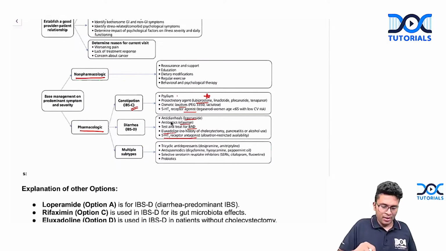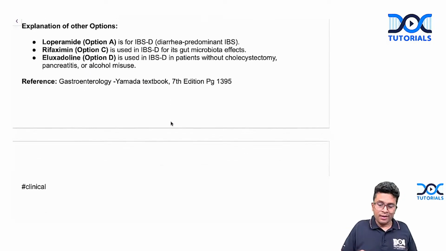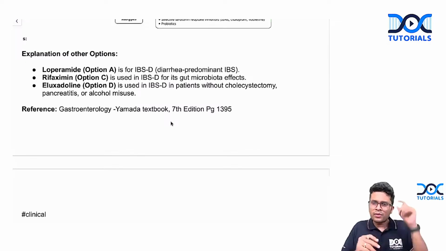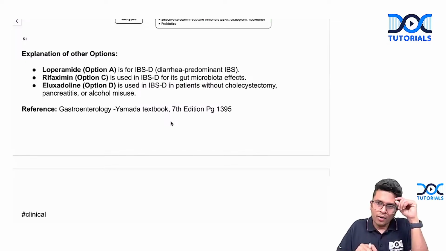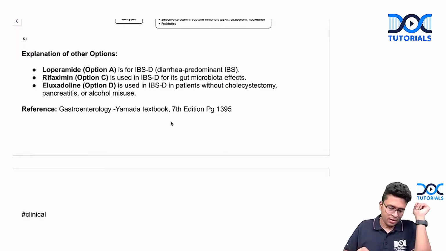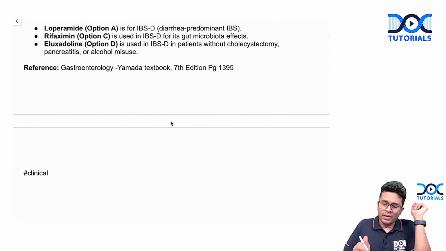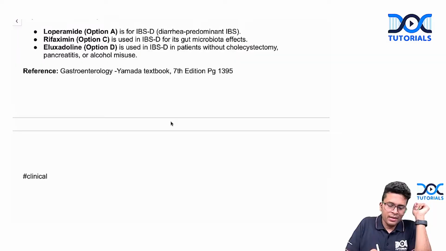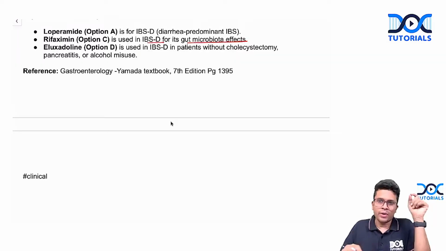It's a little counterintuitive when you think of IBS-D, that you are using antibiotics like rifaximin. It is there because of the effect on microbiota. IBS-D is where you actually give antibiotics.